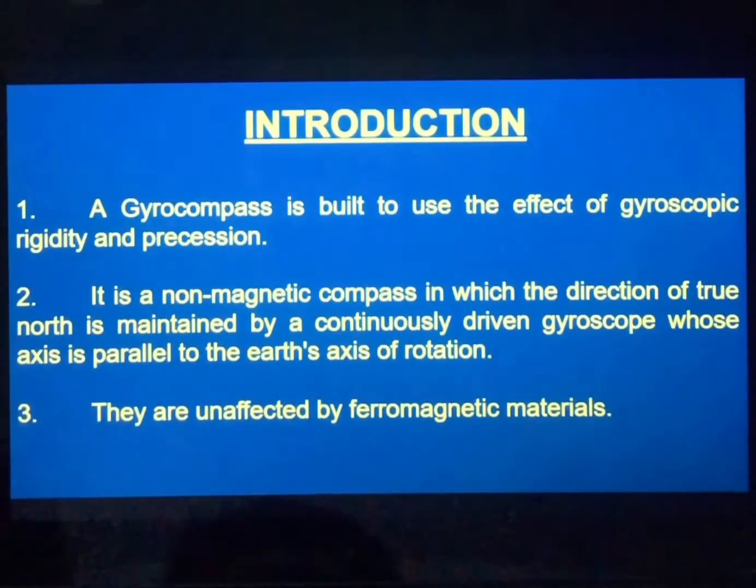We can also define it as a compass consisting of a motor-operated gyroscope whose rotating axis, kept in a horizontal plane, takes a position parallel to the axis of the Earth's rotation and thus points to the geographical north pole instead of a magnetic pole. One biggest advantage of a gyro compass is that it is unaffected by ferromagnetic material. I will be explaining further with the help of a video.